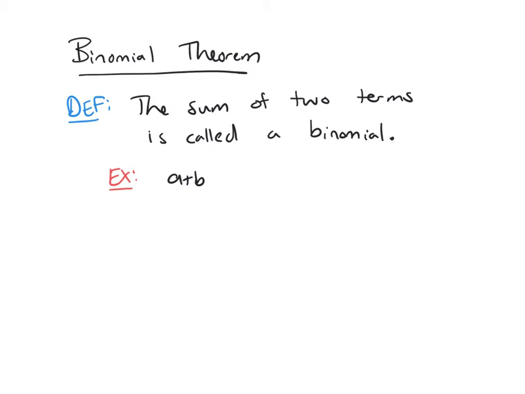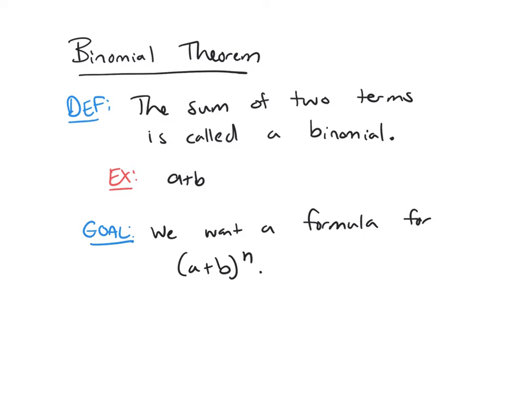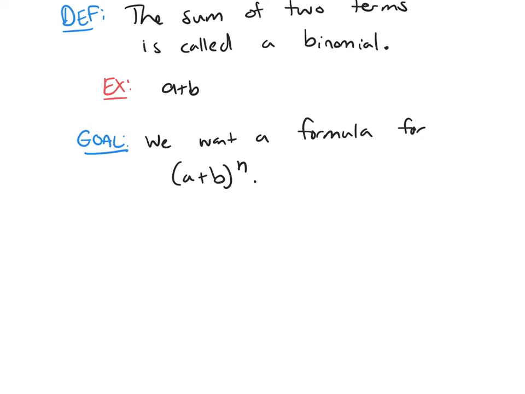So our goal with the binomial theorem, we have the following goal. We want a formula for the binomial a plus b to the power n. So let's start looking at various values of n. Let's start with a plus b squared.